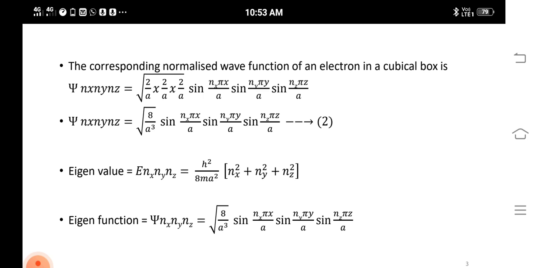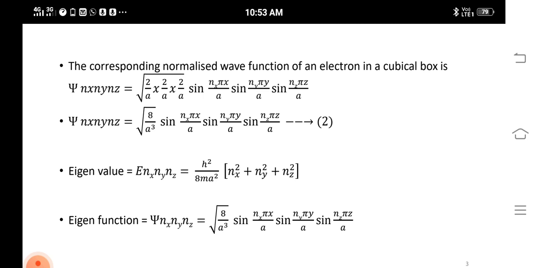When we multiply these three functions, we get equation number 2, that is, square root of 8 divided by a cube, sine nx pi x by a, sine ny pi y by a, sine nz pi z by a. From that we know the energy eigenvalue is equal to h square divided by 8 m a square into nx square plus ny square plus nz square.